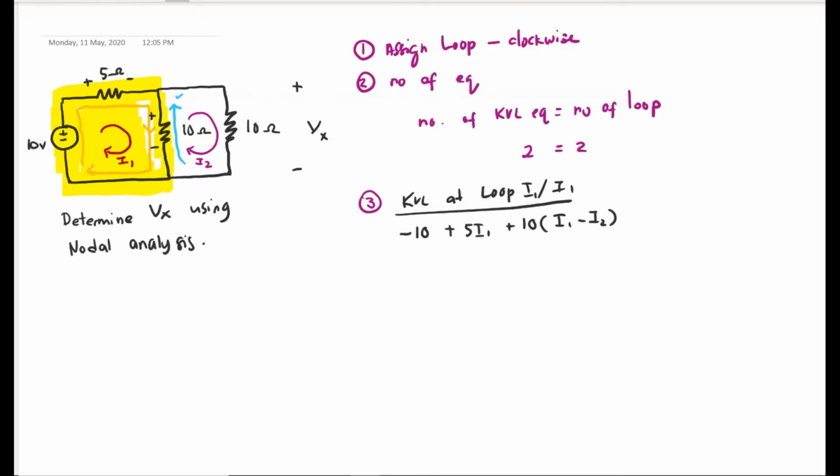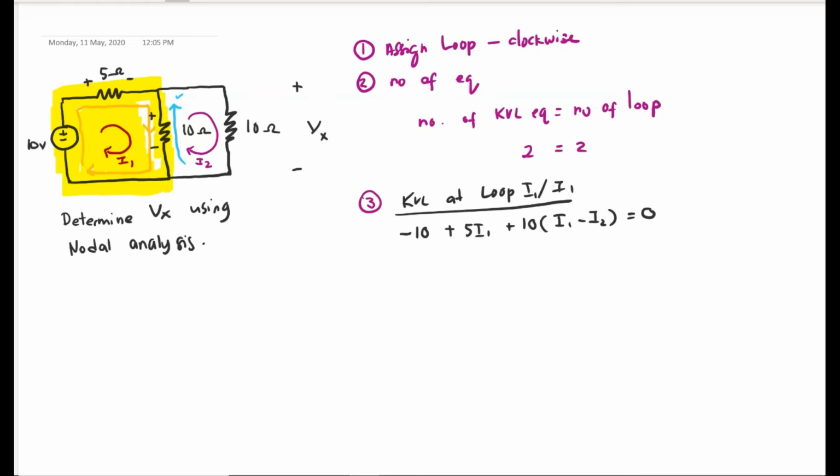There are no other elements in that loop. It must be equal to 0. This is very important. If you do not write the 0, this equation is not the KVL equation.